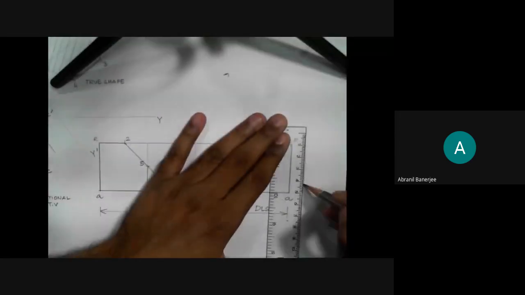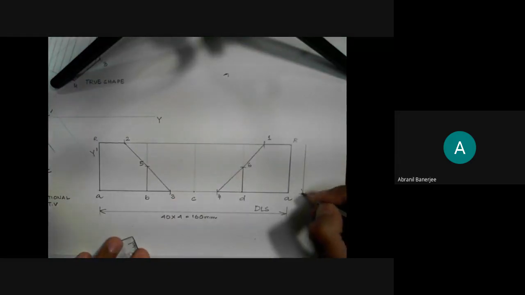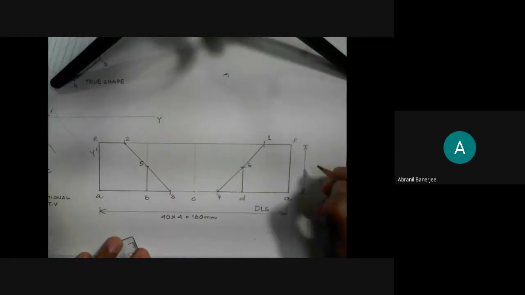This length is nothing but your 160, because 40 cross 4 perimeter, that is 160 mm, and this length is nothing but your 40 mm.